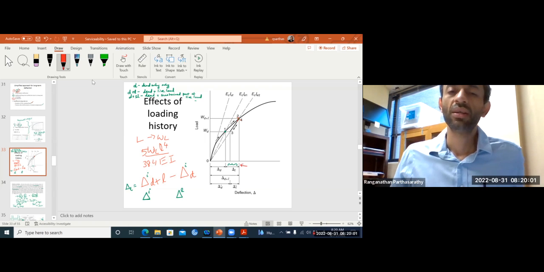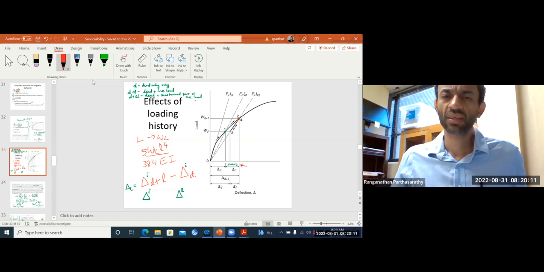Now, we said that if it has seen some load which is heavier than that, then it's going maybe along this particular straight line all the time.